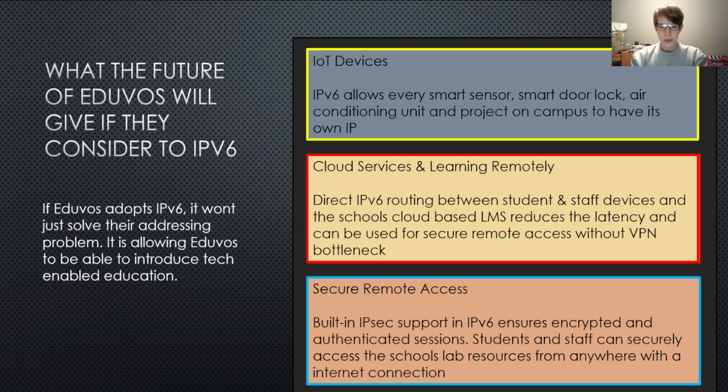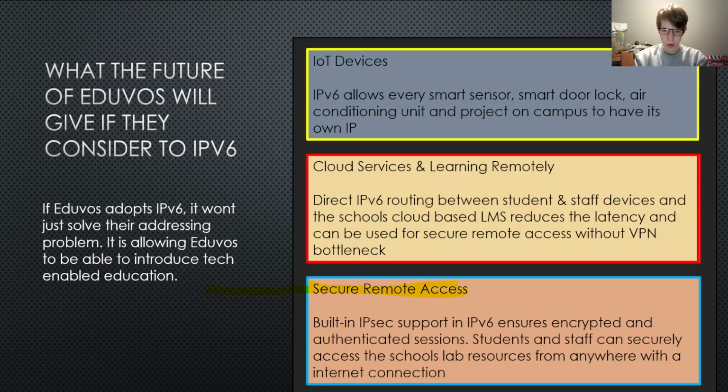Well, it's simple because IPv6 allows the campuses and other people to connect to the learning portal, the LMS, from anywhere around the world. So it's remote access, as seen here.